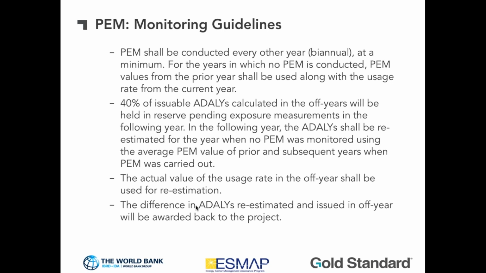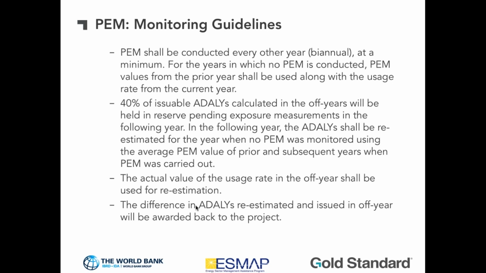Then when you go to the third year, where you will again do the exposure monitoring, you would calculate the average of exposure of year 1 and year 3, and recalculate your ADALYs for year 2 based on this average value.